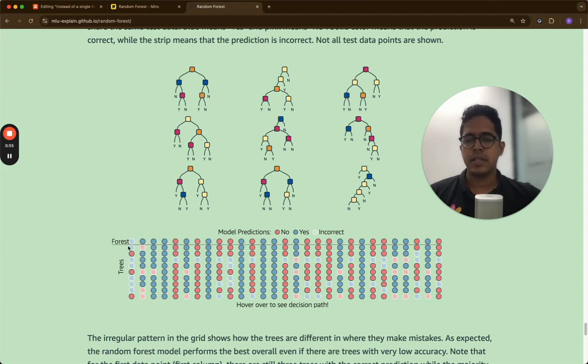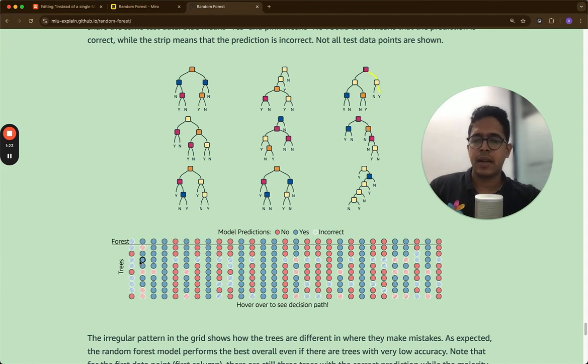Right, that is the question. So here you see the predictions made by the 9 trees for a given data point. So this one column corresponds to one data point. And if the color is this shaded blue, it means that the tree made a wrong prediction. If the color is filled, it made the right prediction. The prediction itself could be no or yes, right? So the fill will appear only for one color because the prediction is either no or yes.